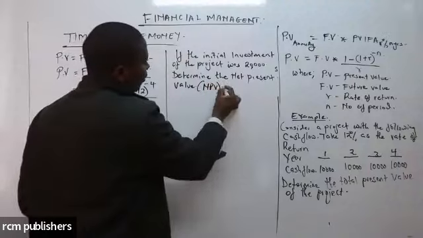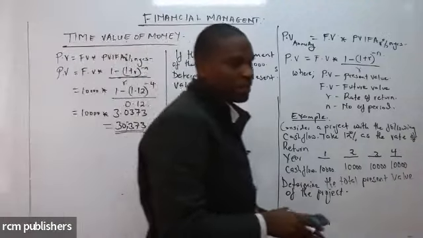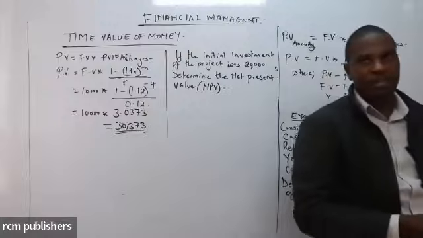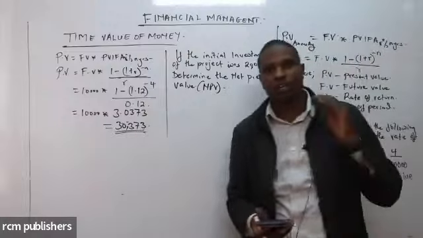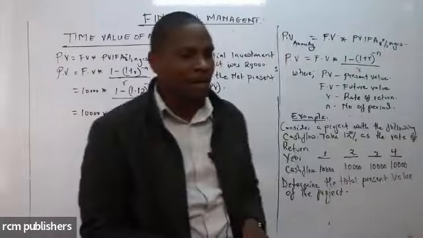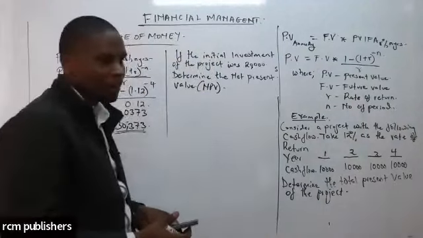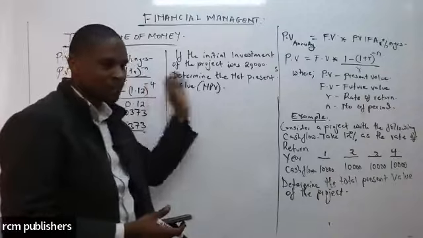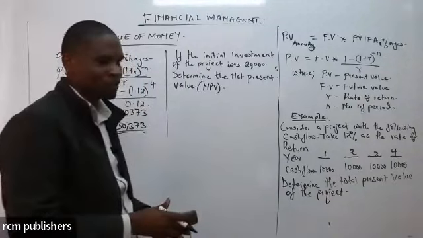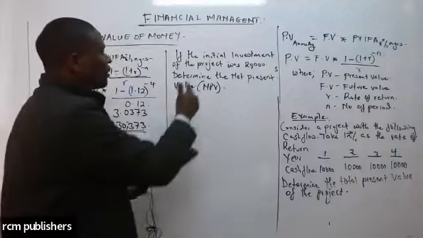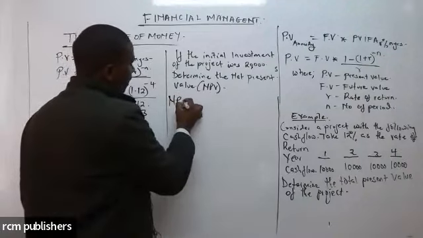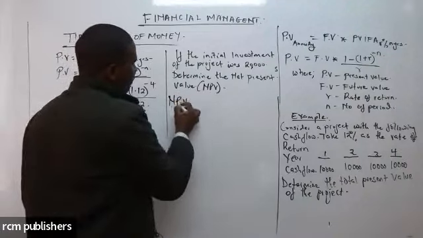Now here, the examiner wants you to make a decision and to be able to advise the investor. And that is the importance of financial management. It is this concept that will help you to make a decision.